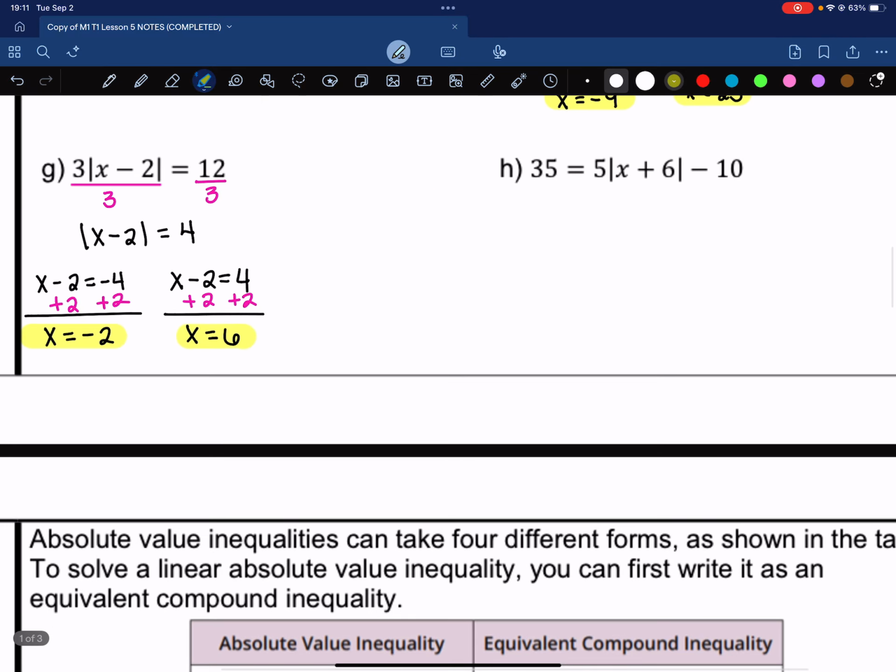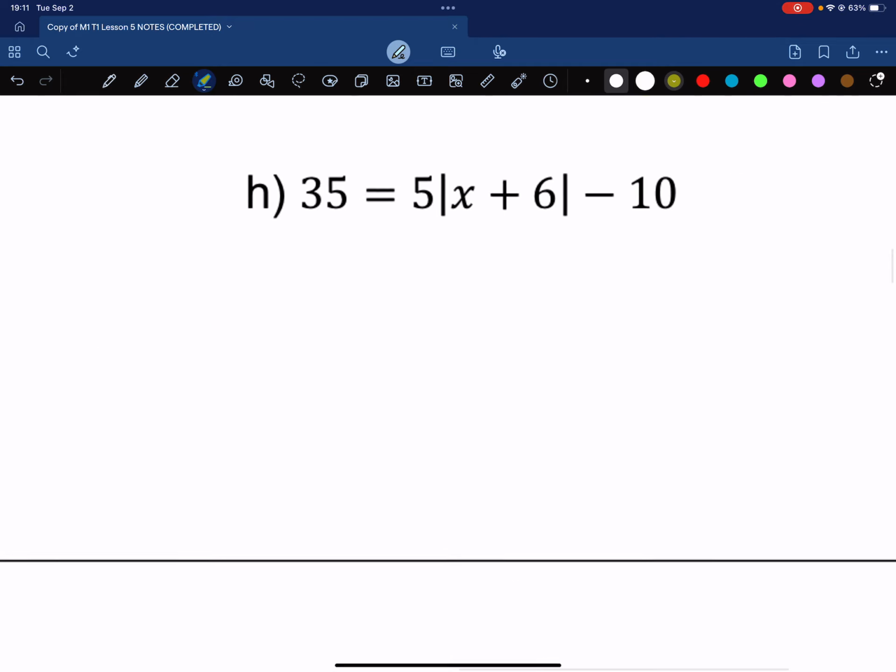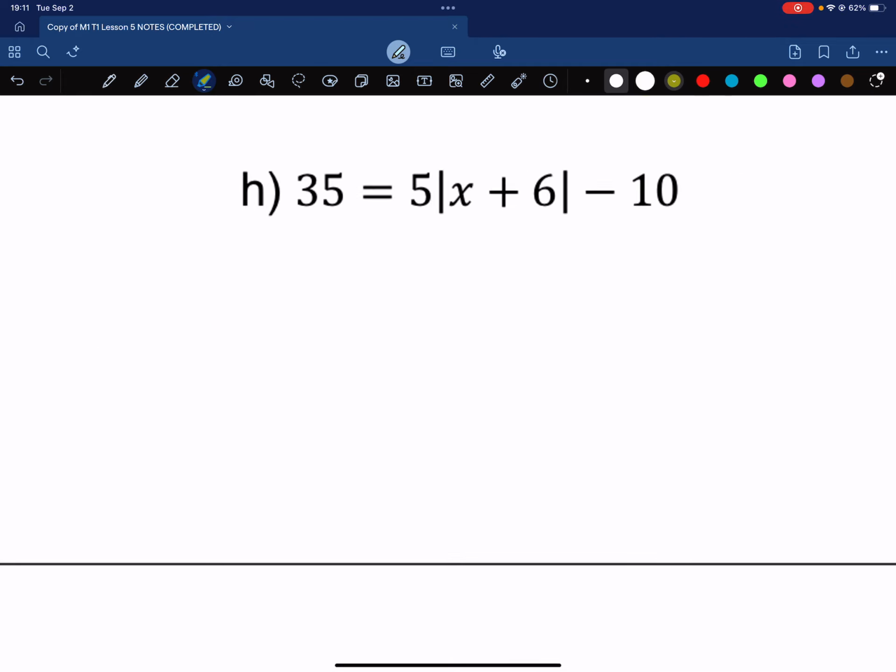Okay, looking at the last one for this first video. Okay, same concept as the one above it, but this time I'm not going to move the 35 to the other side, but if you don't like it, you can move it over here and solve it, but I'm going to keep it this way this time. So again, we asked ourselves, is there anything being added, subtracted, multiplied, or divided to the absolute value bar? And in this case, we actually have something being subtracted and multiplied. When you have two things happening, you have to add or subtract first, and then worry about the multiplication or the division.